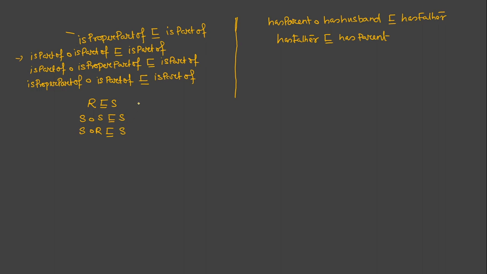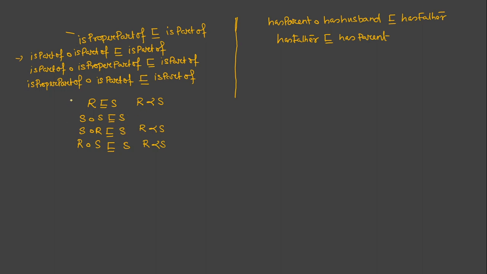Now you see here we have one strict partial order, R comes before S, right? And the fourth one can be translated into R compose S to be S, and here also we have a strict partial order, R coming before S, so we do not have any violation, right?